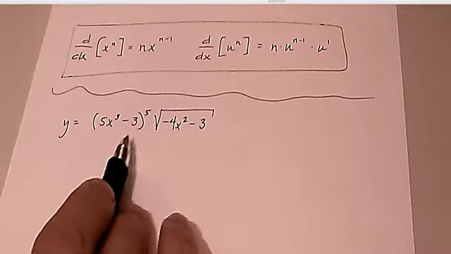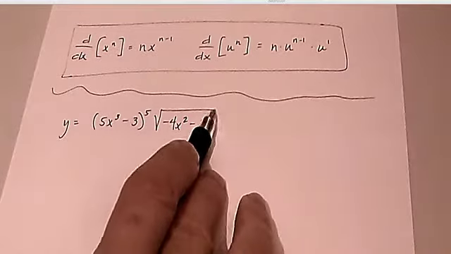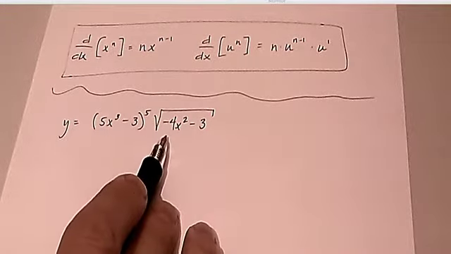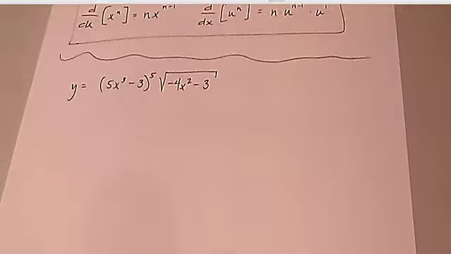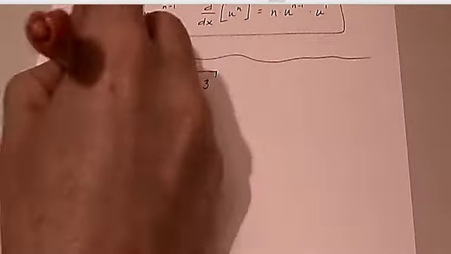The answer is the product. The product of this right here and this right here. So if the product is the last thing, then the product is the biggest thing going on in this particular problem, and your chain rule stuff is going to be embedded within the larger context of a product rule question.